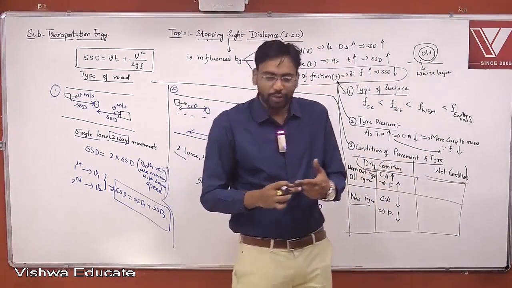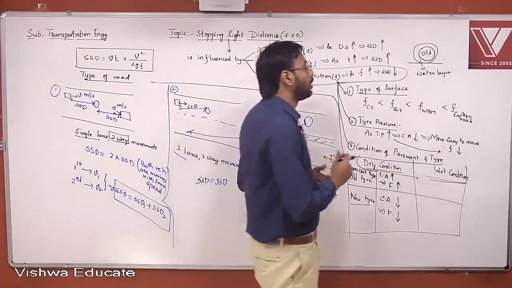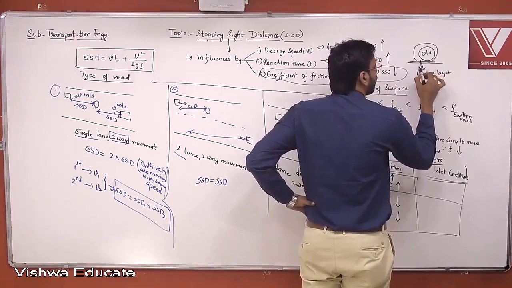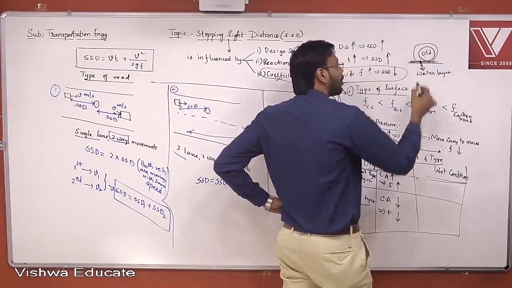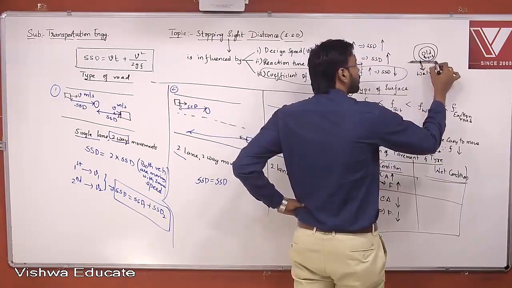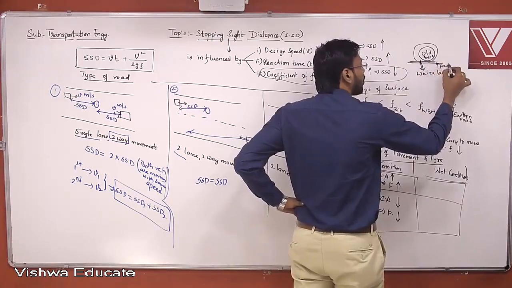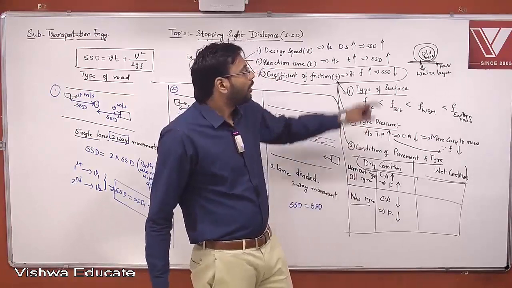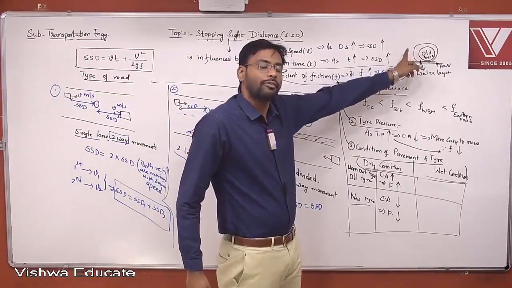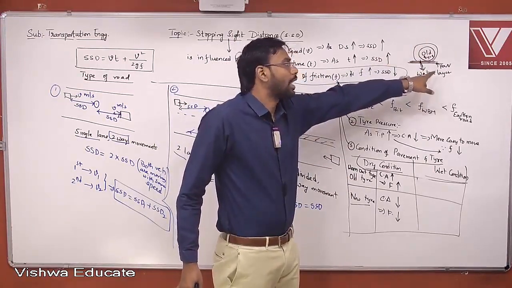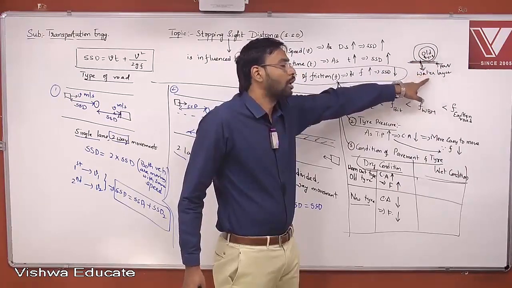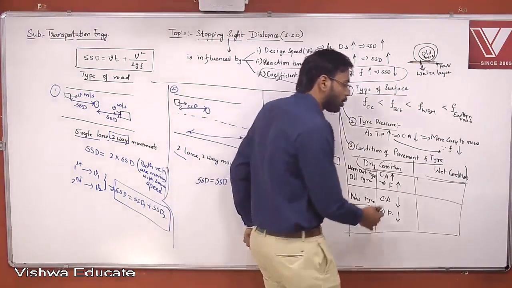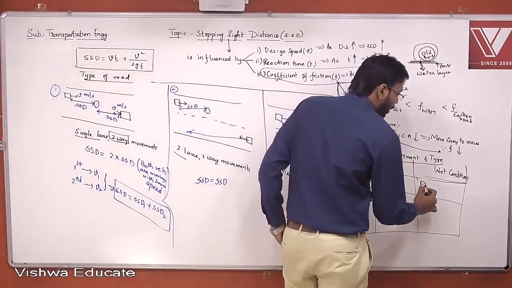So there is a layer between the old tire and the pavement. So your vehicle, your old tire will be moving on the water layer instead of the pavement. So the friction will be lesser.